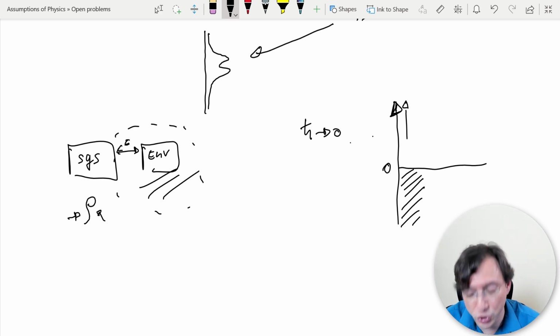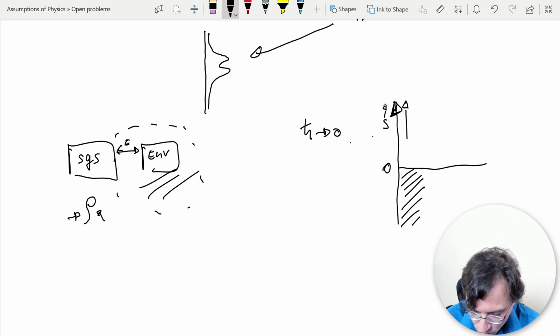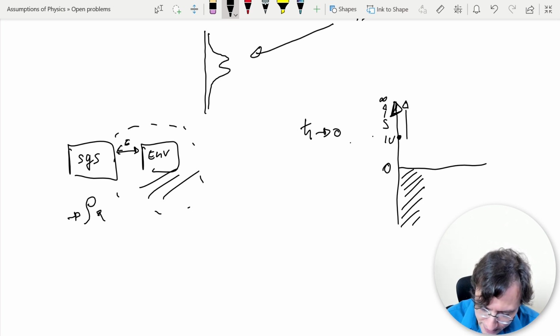But what you could do, instead of looking for the states where entropy goes to infinity, you could say, well, I start, let's say, with this state here that is at entropy, say 10. And then I rescale the whole of entropy, right? So I take the pure states, and instead of putting them at 0, I put them at minus 10, right?